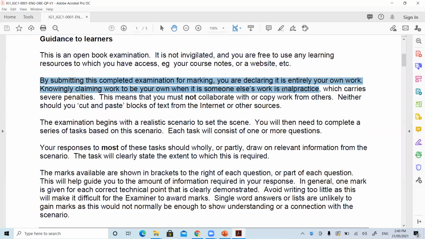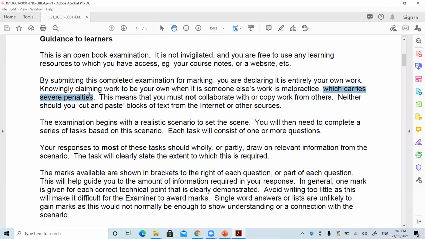But if NEBOSH finds out that it is not your work, it will fall under malpractice, because if you claim that a certain work is yours, whereas actually it has been copied from someone, you can be penalized and this will fall under malpractice.